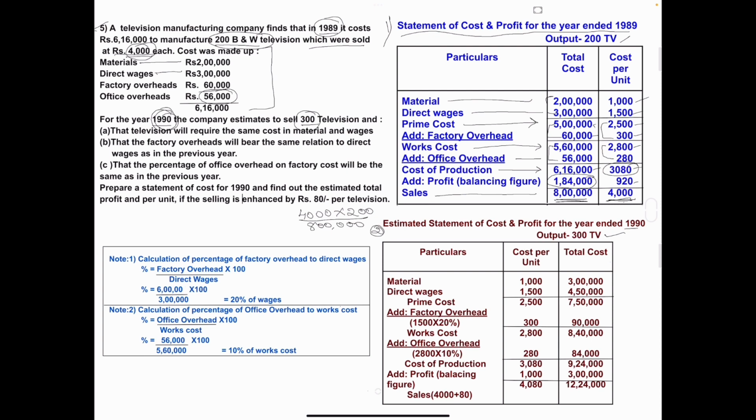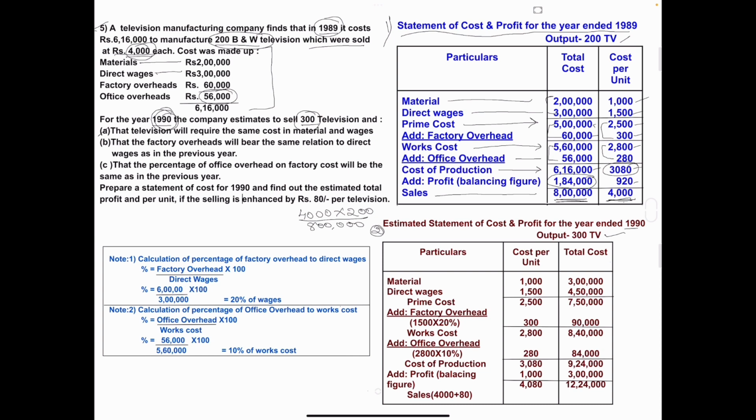So we'll read the point A, that television will require the same cost in material and wages. Means whatever the material cost or direct wages amount is there of last year, same for the 1990. So in 1989 material cost is, see the cost per unit column and not total cost. This total cost is related to 200 television, and in 1990 they are producing 300.